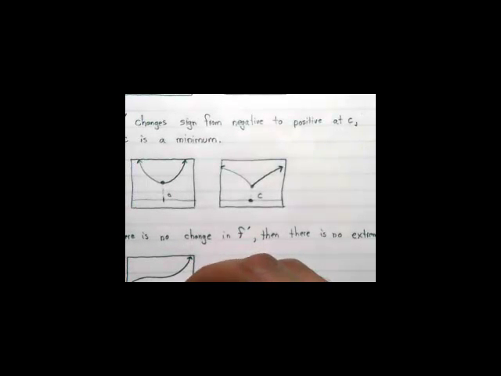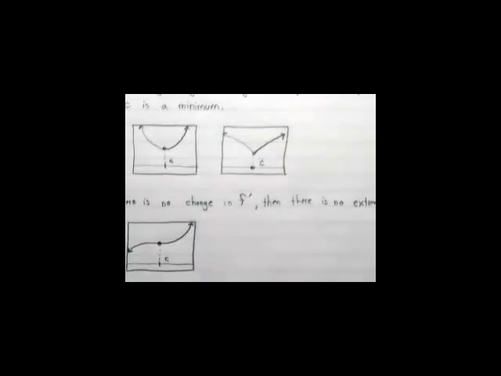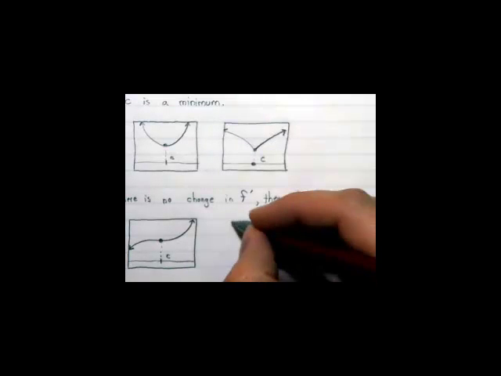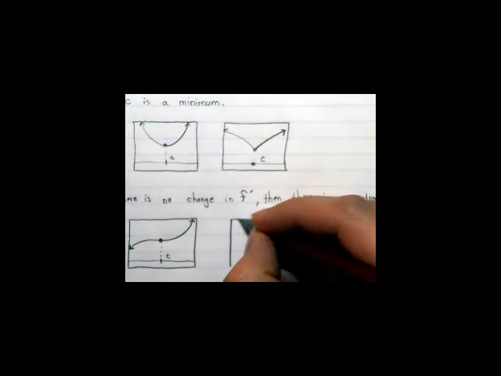So at C, the derivative is 0. There's a horizontal tangent there. But the value of f prime around C hasn't changed. It's positive, 0, positive again. So no extreme value there. It can't be a max or a min. And this could also happen if you have a non-differentiable point again.